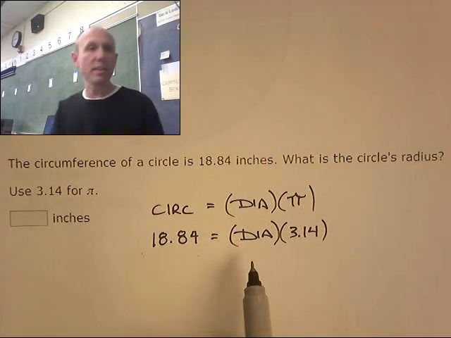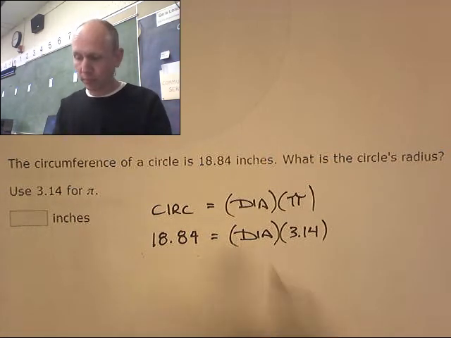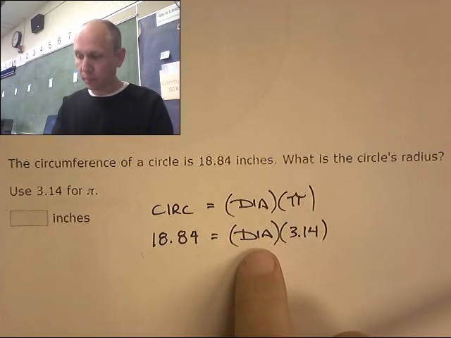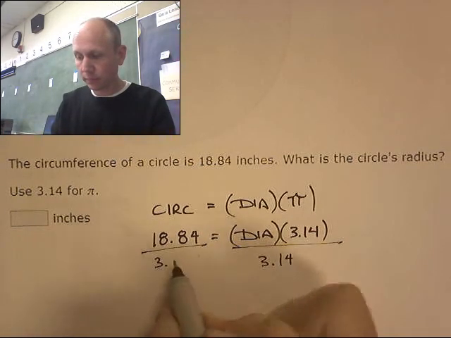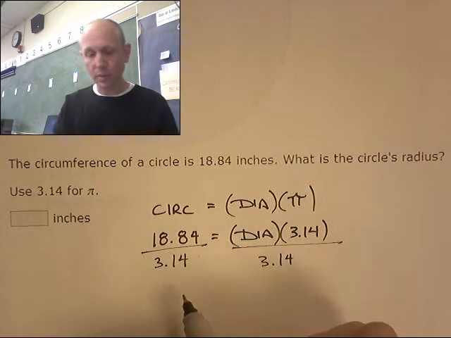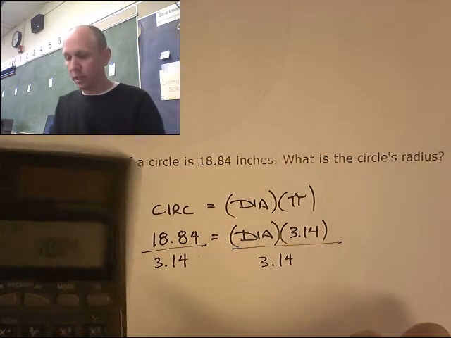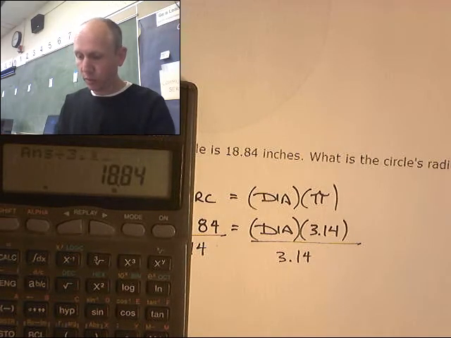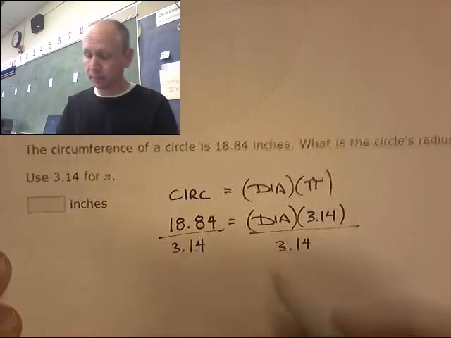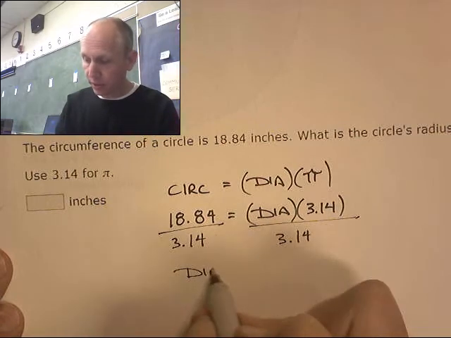So how can I calculate this diameter? 3.14 is multiplying the diameter, so I divide both sides by 3.14. 18.84 divided by 3.14 is 6. So the diameter is 6.